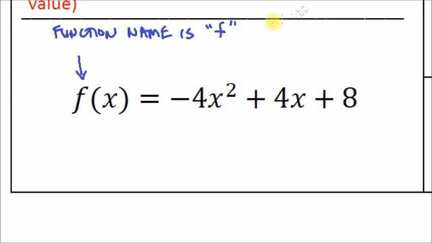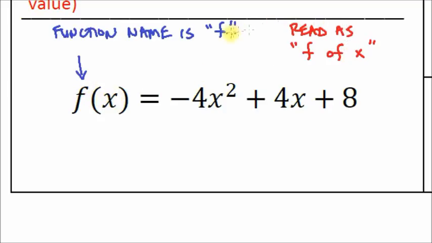So when you read function notation, you're going to read this, let's put in here as a note, read as f of x. If this variable was t, you'd say f of t. If it was another letter like a, you would say f of a.